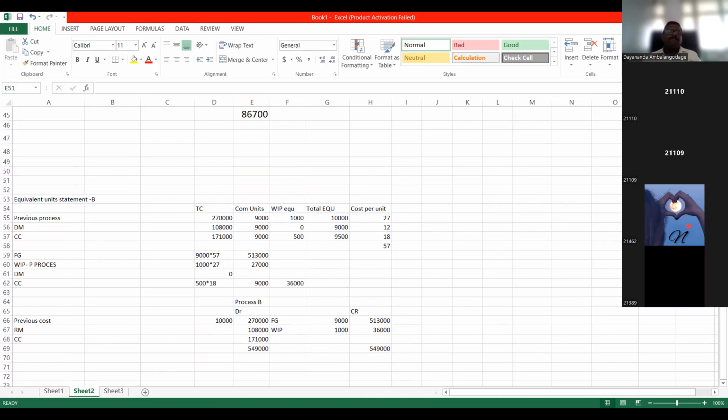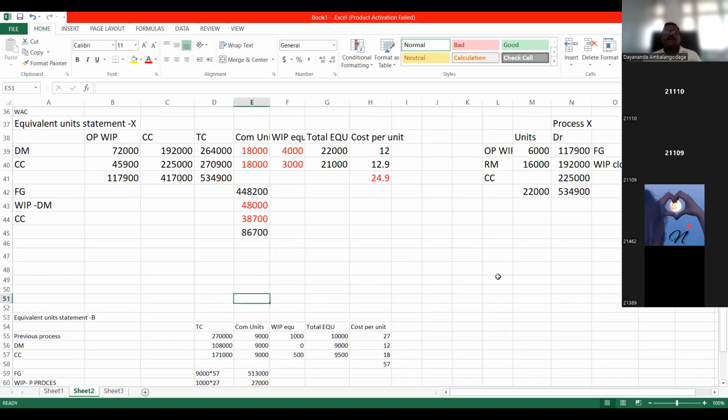You see, same format we are going to use, but we will use one more thing from the previous process cost. That's the only difference: previous process account.